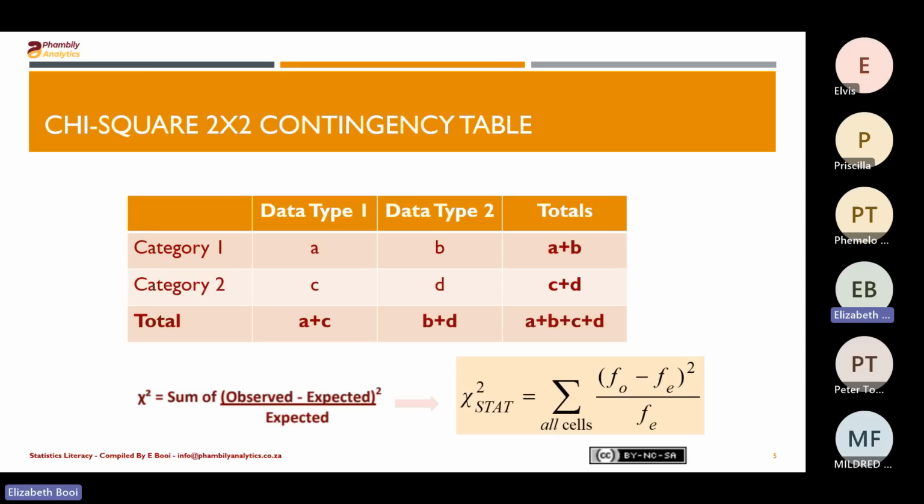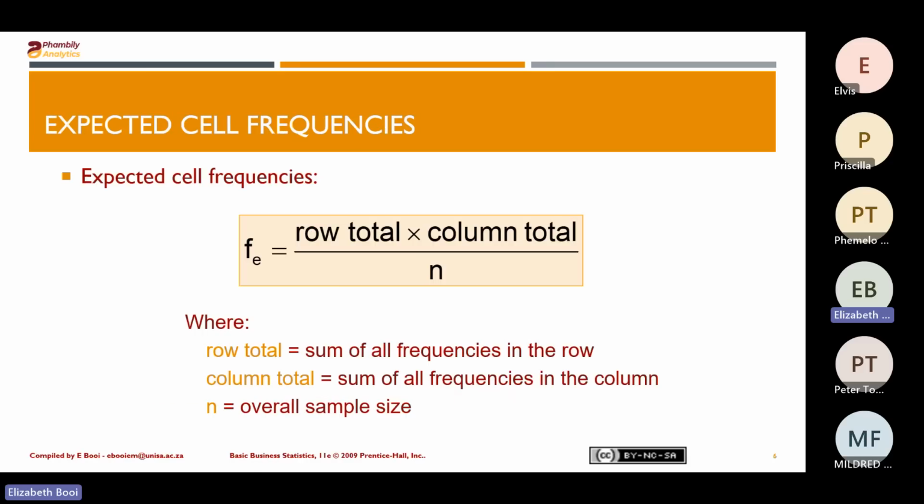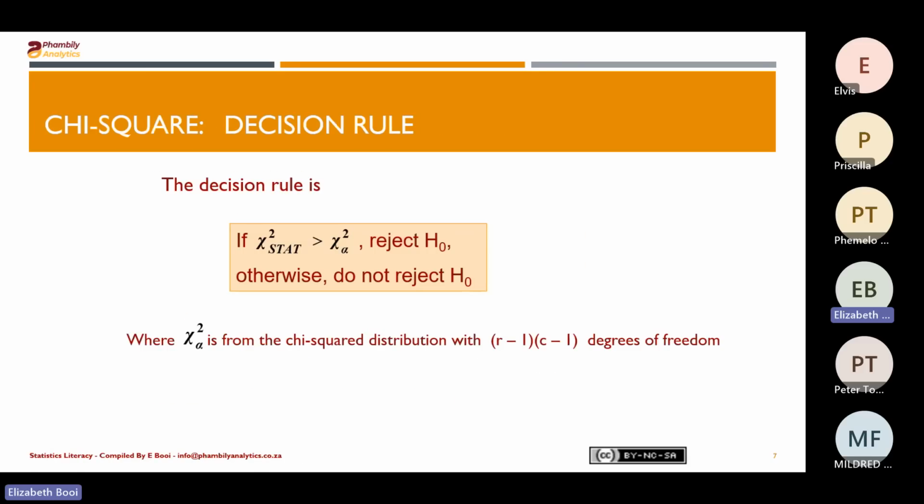After you have calculated your test statistic, you're going to make a decision. The rule states that if your chi-square test statistic, which is the complicated formula we looked at just now, is greater than the critical value, which is the value we're going to find on the table, we reject the null hypothesis.